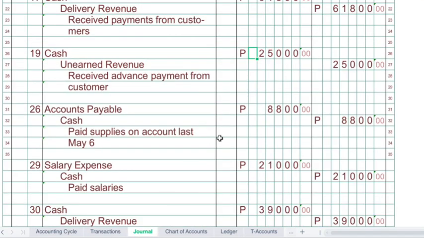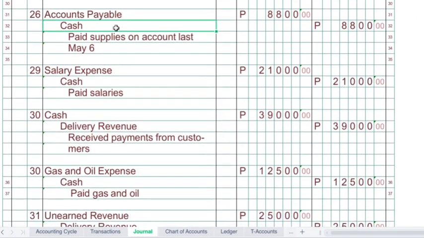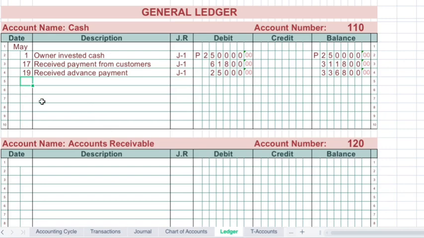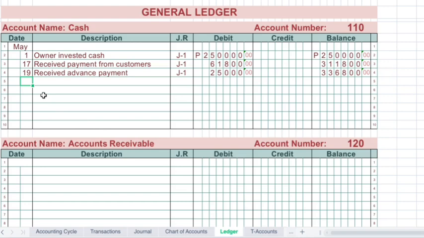Okay, next. May 26, we have cash credit 8,800. So we paid supplies on account. That is May 26. So we paid supplies on account. Still on the J1, and that is credit.